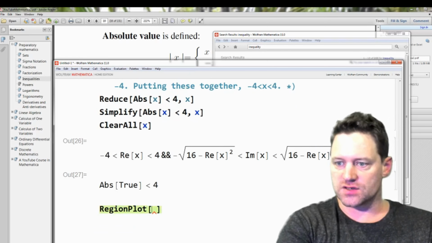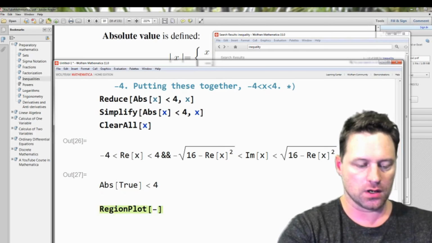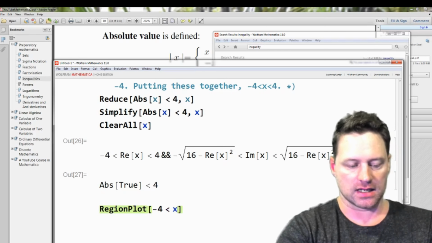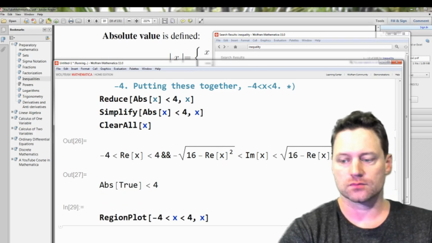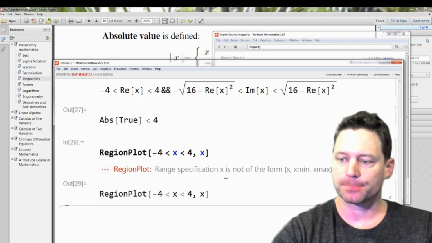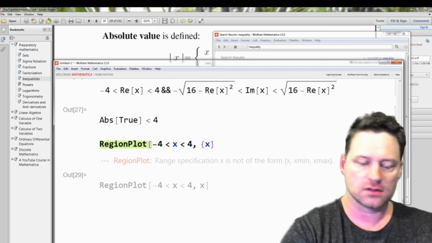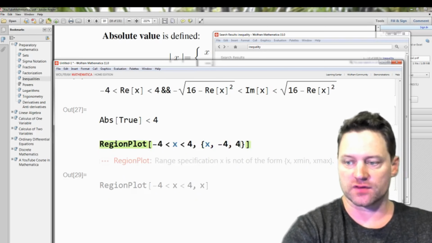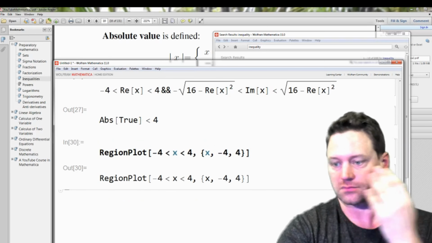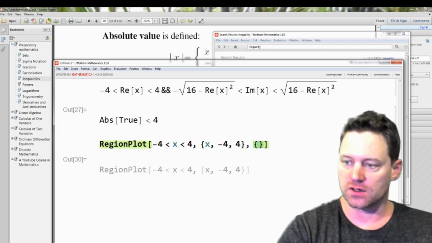Now let's first of all try a simple one. -4 less than x less than 4. We need to specify the range. So x going from, say, -4 to 4, for example. Do I need to include a y value?